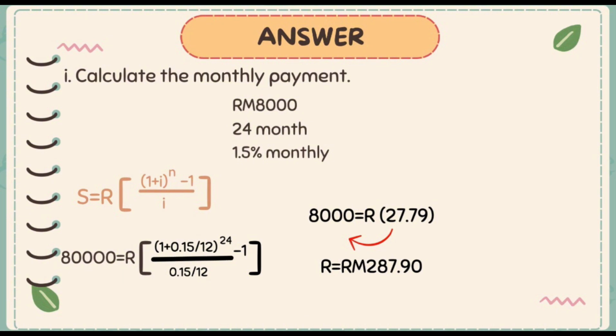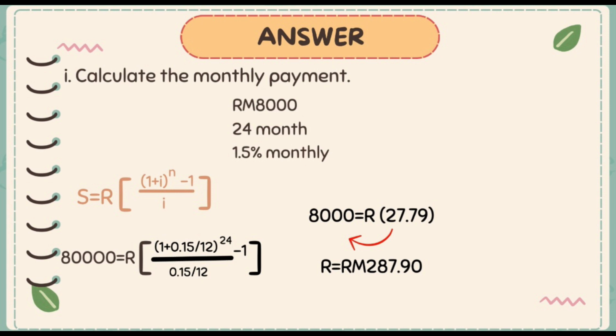To calculate the monthly payment, we need to use the formula S equals R in bracket (1 plus i) to the power of n minus 1 over i close bracket. Since we are searching for the monthly payment, the unknown number is R.